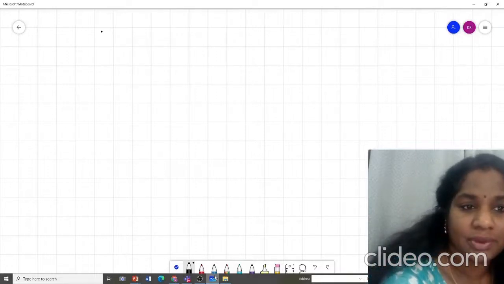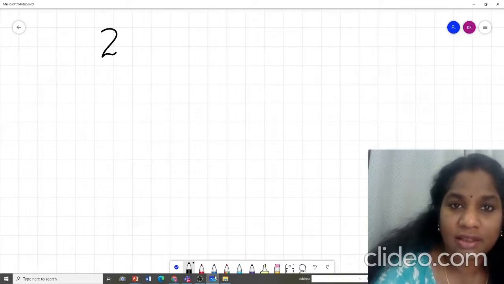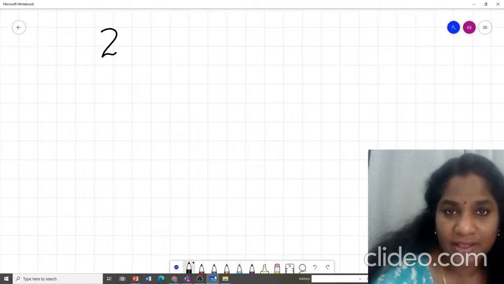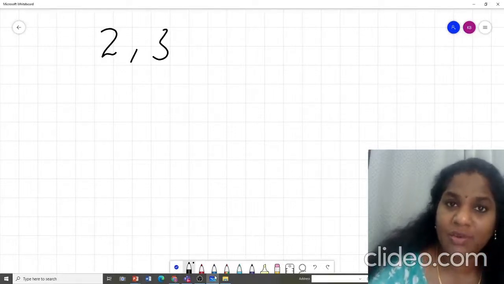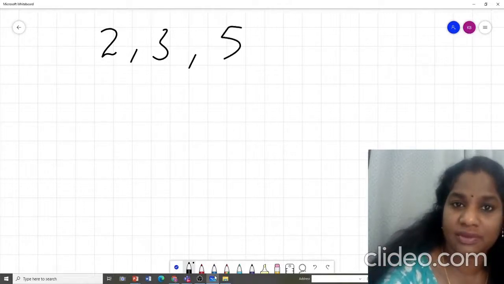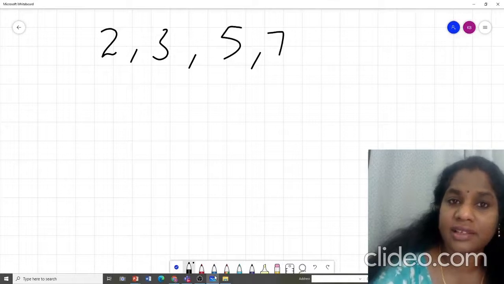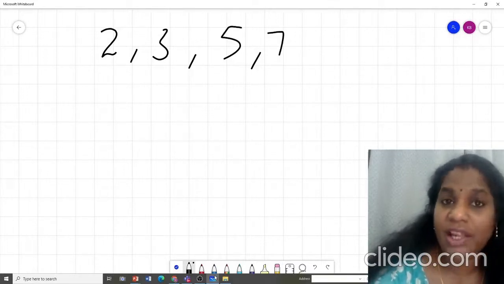So for example, let us take 2. What are the factors? 1 and 2, right? Does it come in any other table? No. 3. What are the factors? 1 and 3, no other table. Likewise 5, 7, think. 8 and 9 comes, 10 also comes, 11.